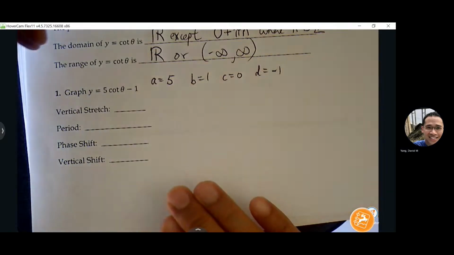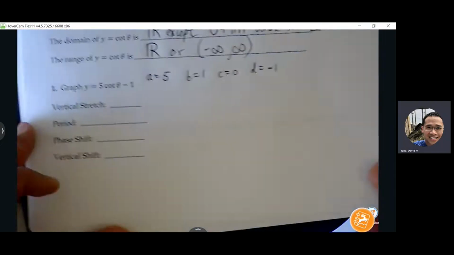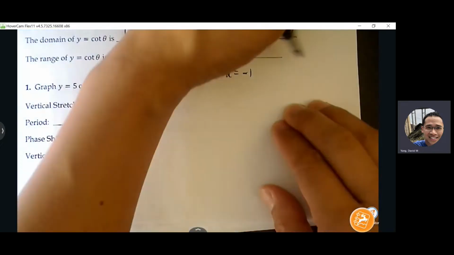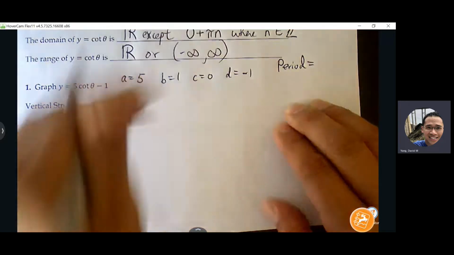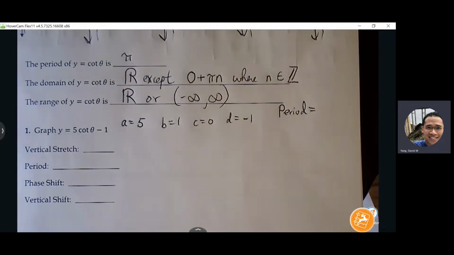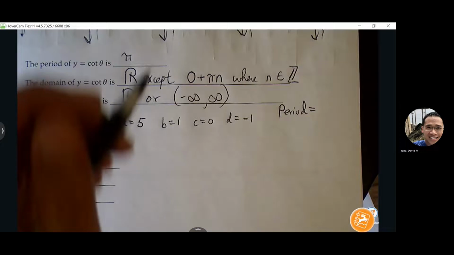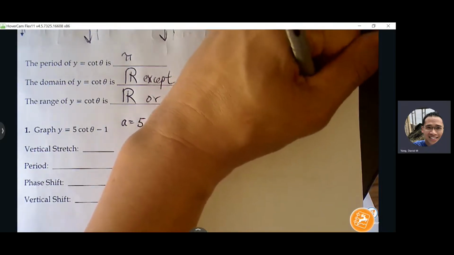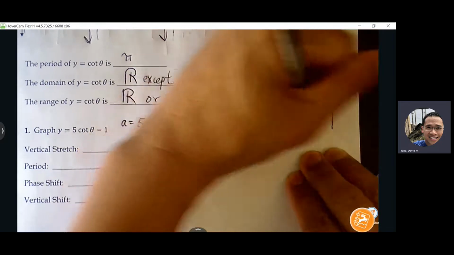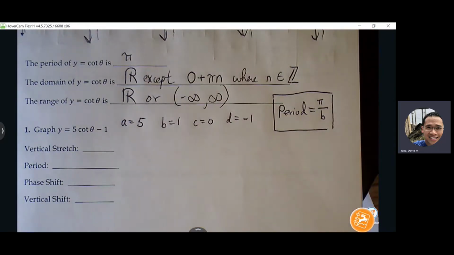So here's our formula. Our formula for cotangent and tangent is going to be a little bit different. If you had to guess, what do you think the period formula for cotangent is? Good. Pi over b. Why is it pi over b and not 2 pi over b? Because the pi is the parent period.